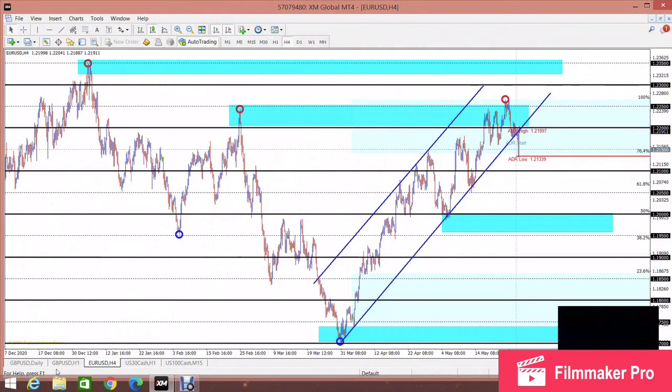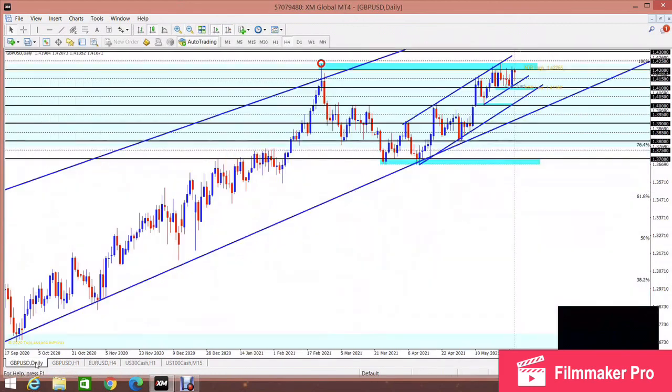I only trade four things, which is GBP USD, Euro USD, US 30, and US 100. Those are the only things. Because one thing I can tell you is that the less things you trade, the better you become. The reason why I like GBP USD so much is because now I understand every pattern that it makes. I know what it's going to do before it probably does it.